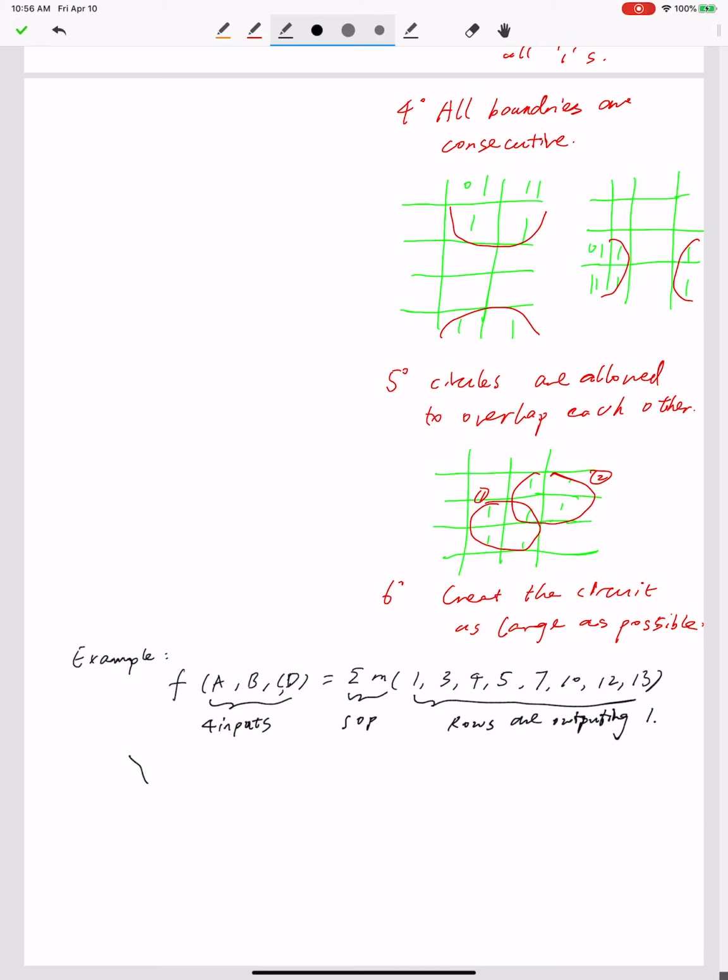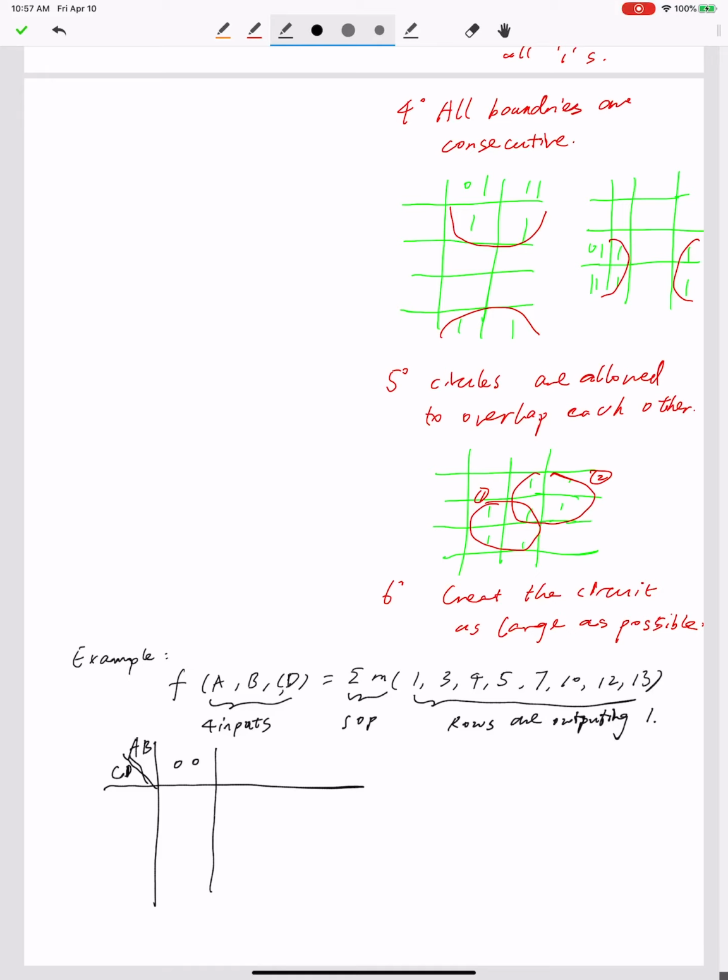Here is a new kernel map because we have 4 inputs, but it follows the same rules. We put 2 inputs on one side and the other 2 inputs on the other side, like this way: A, B, and C, D. We put the possible input combinations on the initial row and the initial column.